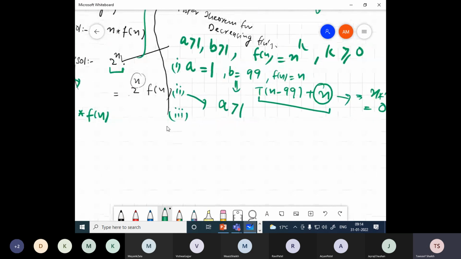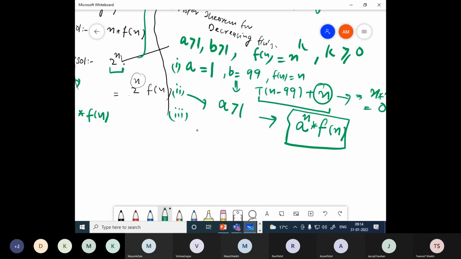This becomes the case 2. So whatever the coefficient is, take its nth power and multiply it by f of n. That will give you the solution of the recurrences which come in the case second when a is greater than 1.